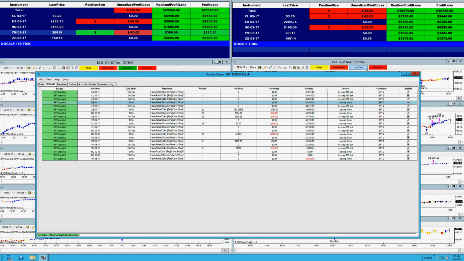Some of the auto trades require optimization. This one here, the AB Scalpers, does not require optimization on behalf of the traders, but some auto trades do. And this is one thing traders should know.